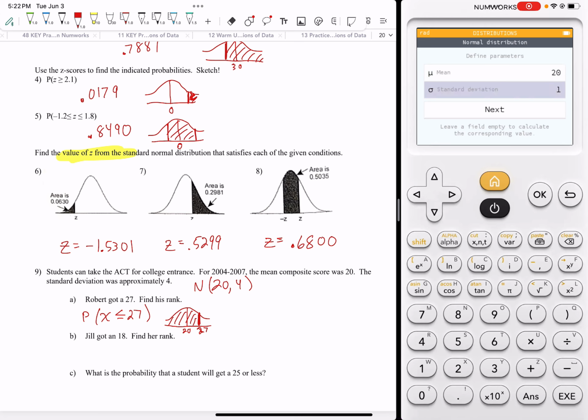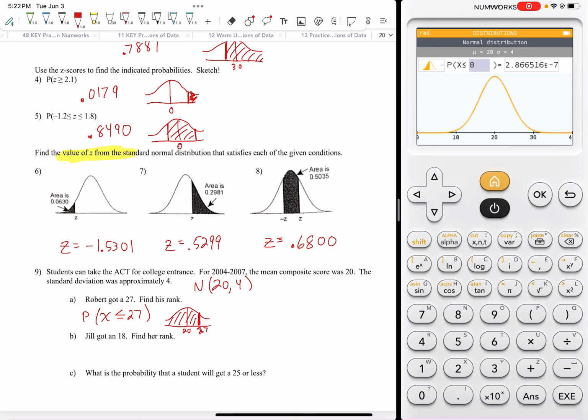Our mean is 20, our standard deviation is 4, and we want to have, again, p is less than or equal to 27. So the p, or the probability, is 0.9599.